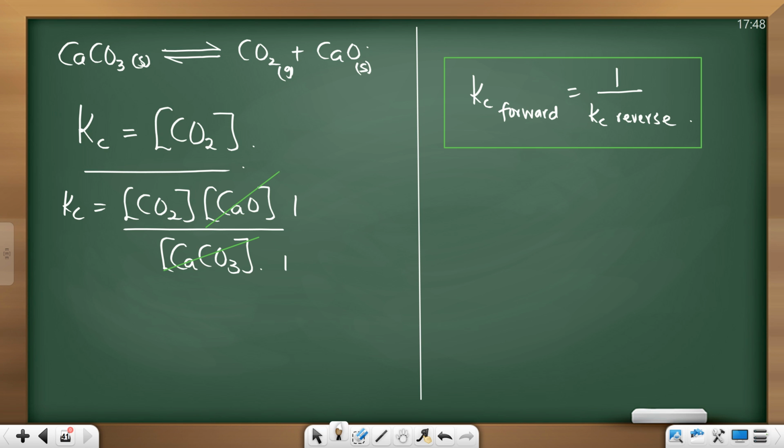Please take note, only solid and liquid. I didn't say aqueous. The equilibrium concentration is always 1. So if I cancel and cancel, do you notice I only have CO2 left?